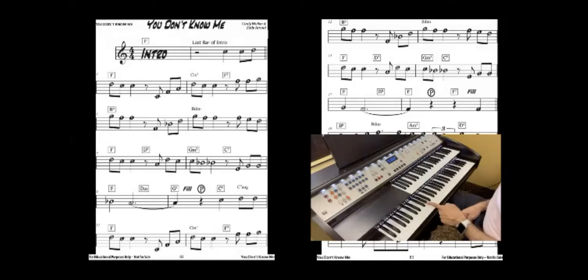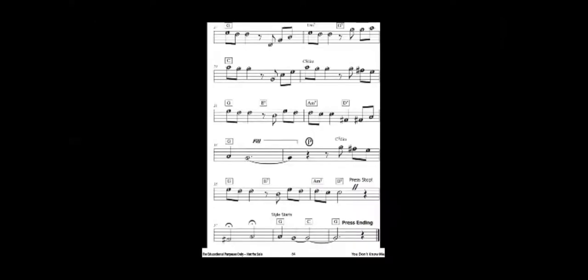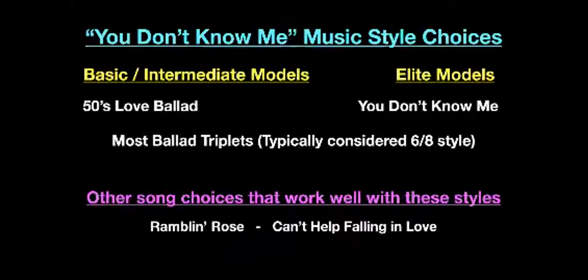I'm going to skip the video just for a second and come back to it. But there's a third page. And if you listen closely to that style, that's what's called a ballad triplets, commonly known as a ballad triplets or a 6/8 style. What it means is it counts in 6 beats, 1, 2, 3, 4, 5, 6, 1, 2, 3, 4, 5, 6, all right?